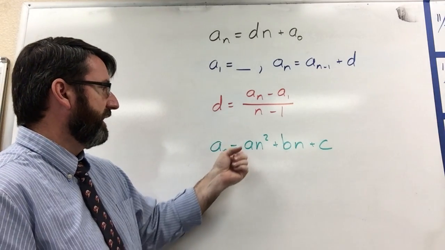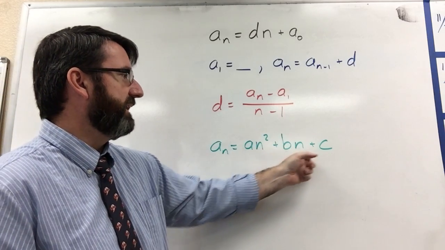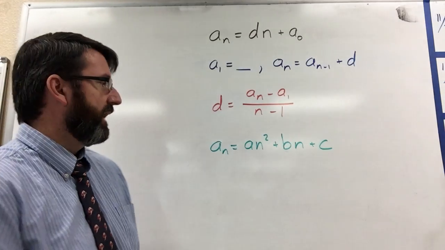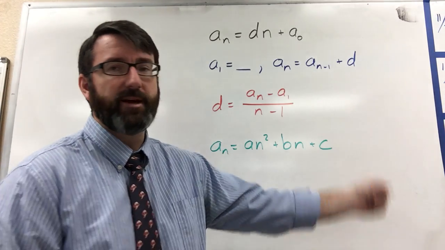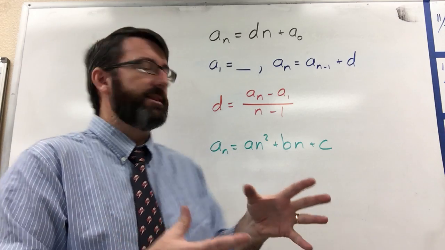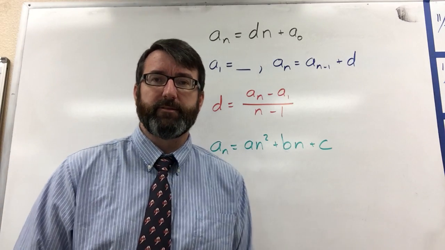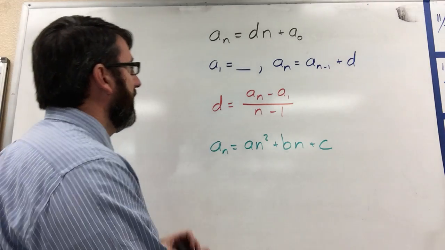So the first term is equal to a times 1 squared plus b times 1 plus c. And then the second term is equal to a times 2 squared plus b times 2 plus c. And then do that for 3 terms and then solve the system of equations to find a, b, and c. All right, that's what we did yesterday.